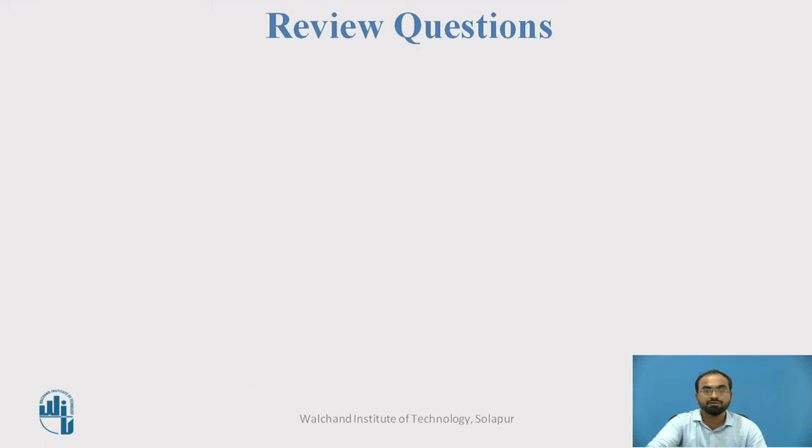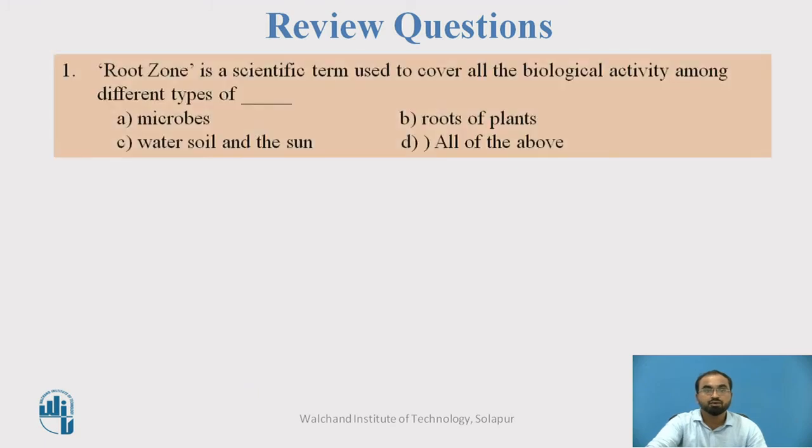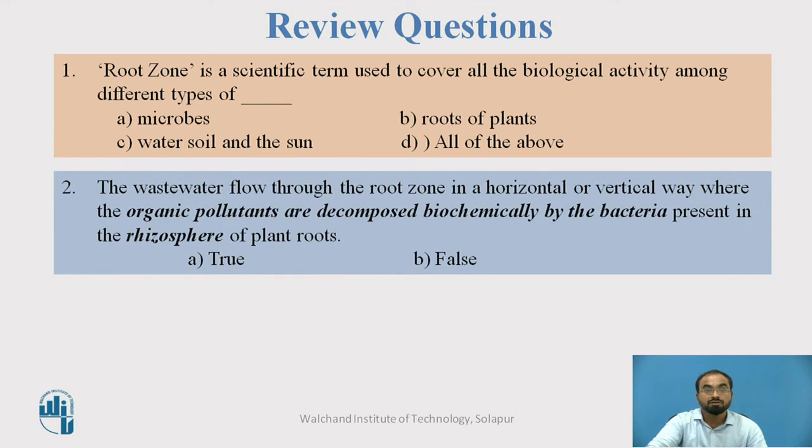So let us have a few review questions. Root zone is a specific term used to cover all the biological activity among different types of microbes, roots of plants, water, soil and sun, or all of the above. The wastewater flows through the root zone in a horizontal or vertical way where organic pollutants are decomposed biomechanically by the bacteria.